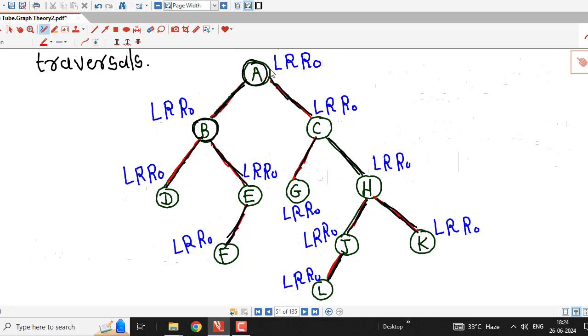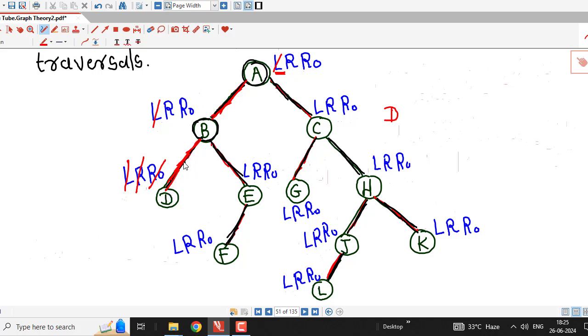Here root is capital A, so I will start with capital A. First operation is I have to go to the left of root A, so I cancel capital L and I am going in this left subtree of capital A. Here first operation is L, so here also I will go to the left of B. Here first operation is capital L, but there is no left subtree of D, so I will process for capital R, but here there is no right subtree of D. And next operation is root, so our post-order traversal starts with capital D.